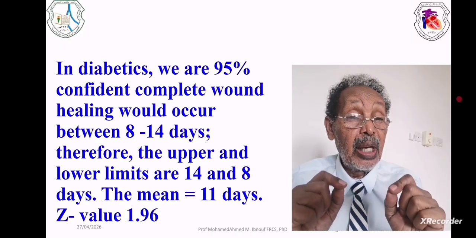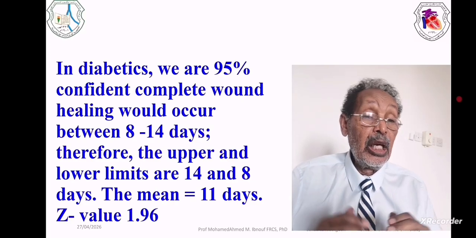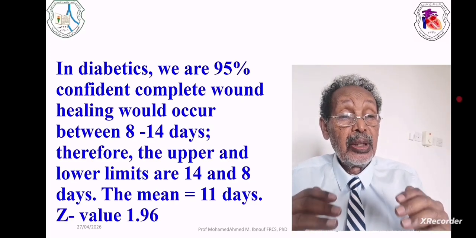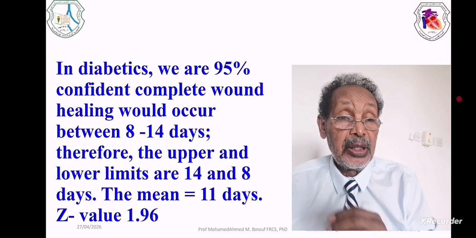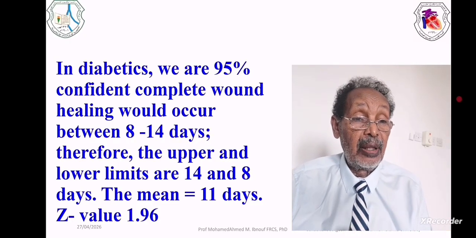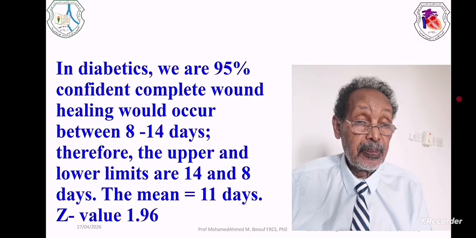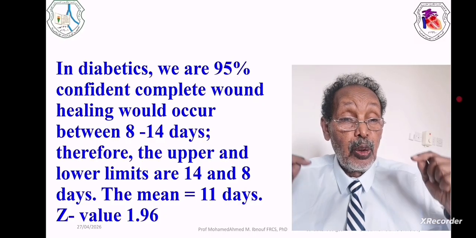We take this value particularly for 95% confidence. If we speak about more confidence, the Z value will change. If we speak about less confidence, the Z value will change. The Z value will increase with more confidence.